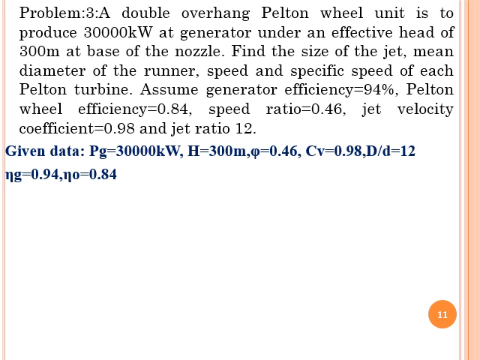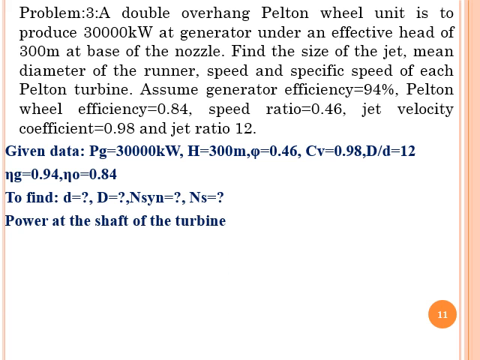And generator efficiency is 0.94 and overall efficiency is equal to 0.84. So find diameter of the jet, diameter of the wheel, then the speed of the Pelton wheel, then specific speed of the turbine.